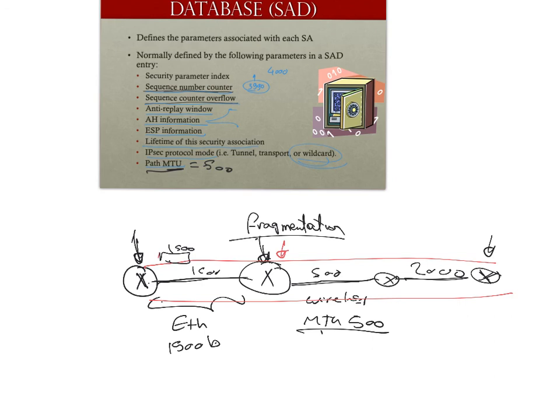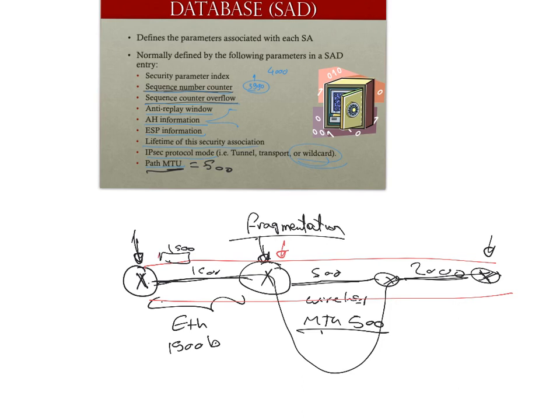So if what you're saying is that maybe the packets will go this way, yes, you have to define the minimum maximum transmission unit in all these access network technologies.